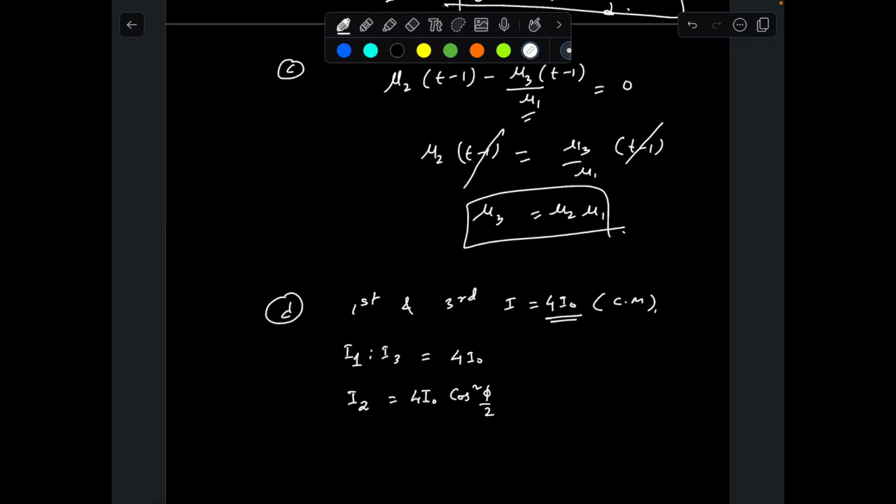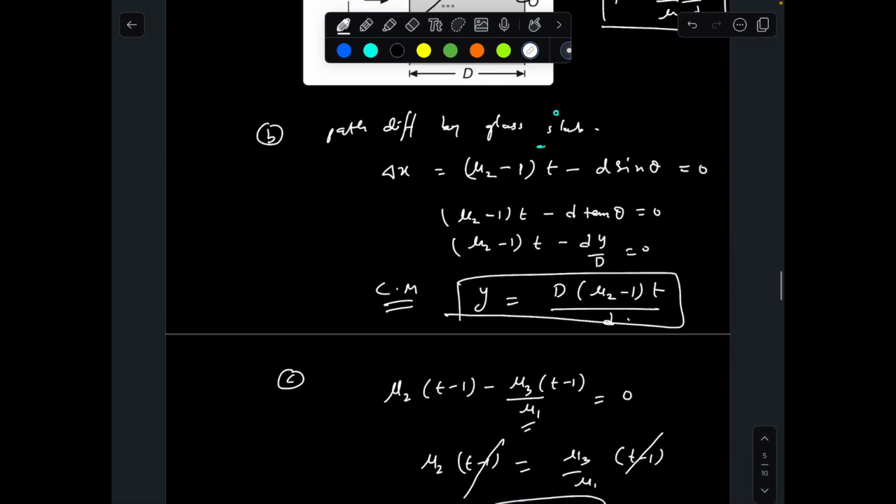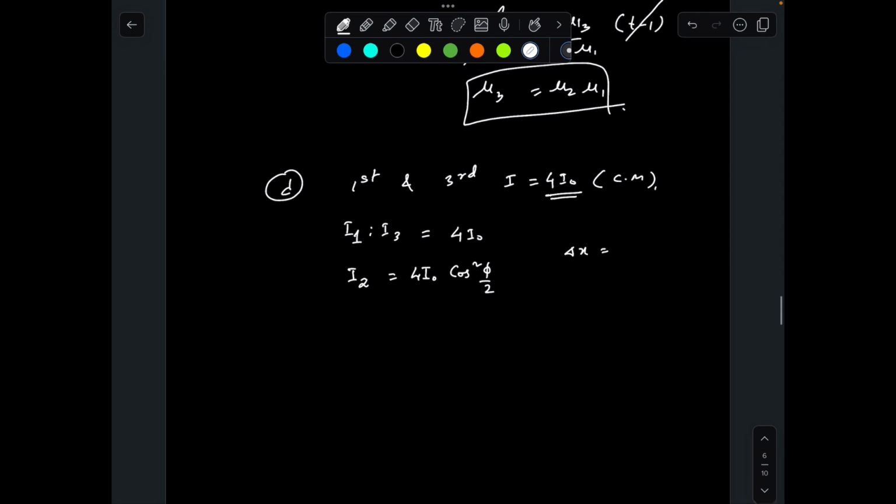What is the path difference? Path difference delta x was (mu2 minus 1) into t. So what will be the phase difference? Phi will be 2 pi by lambda into (mu2 minus 1) into t. So phi by 2 will be pi by lambda (mu2 minus 1) into t.